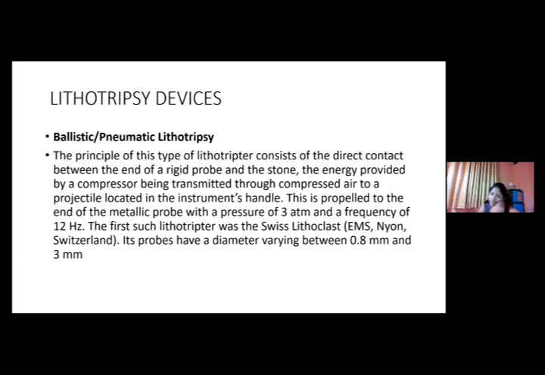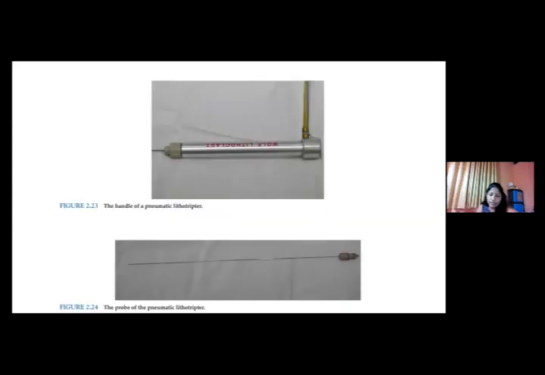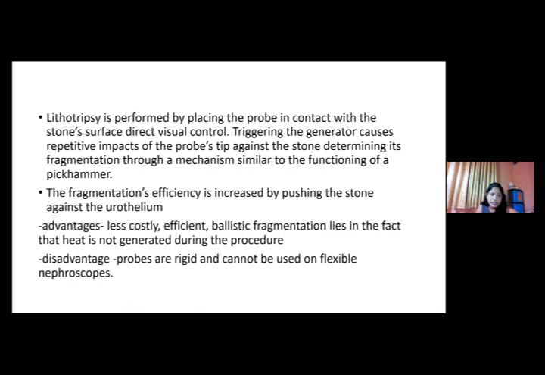The mechanism is that there's a pressurized system in the handle. The pressure is propelled to the metallic probe, giving a pressure of 3 atm and a frequency of 12 hertz, which is transmitted directly to the stone as mechanical energy. So we need direct contact with the stone, and this is the pneumatic lithotripter.